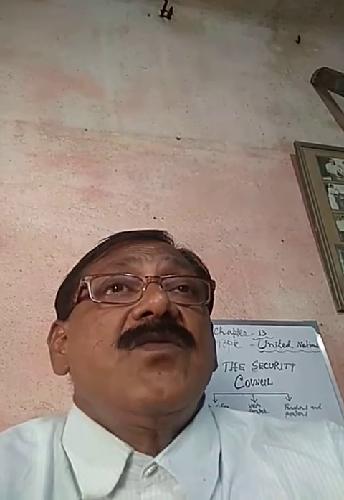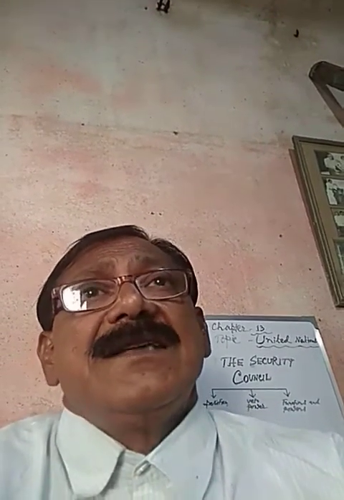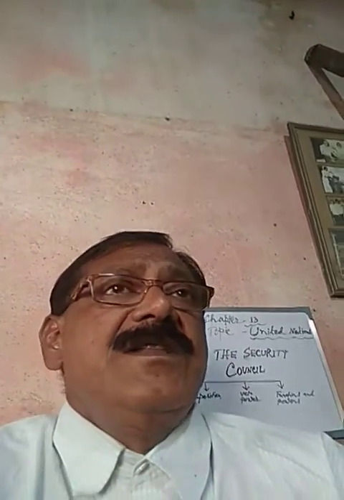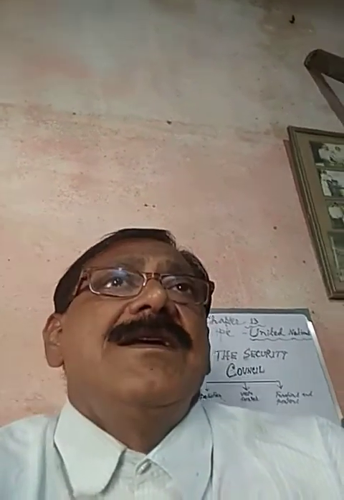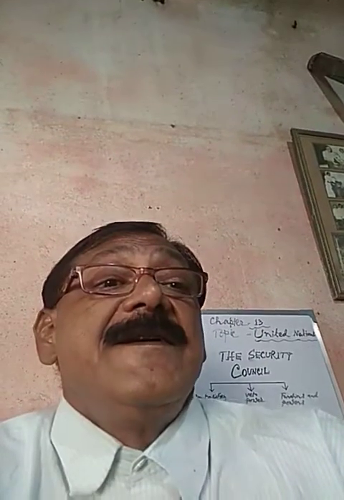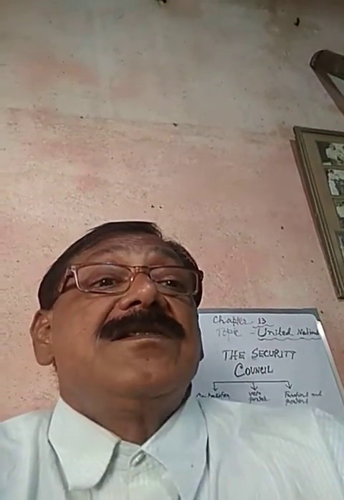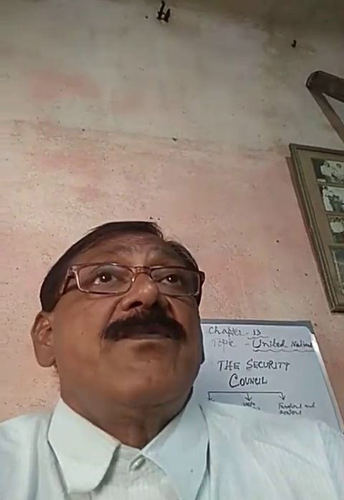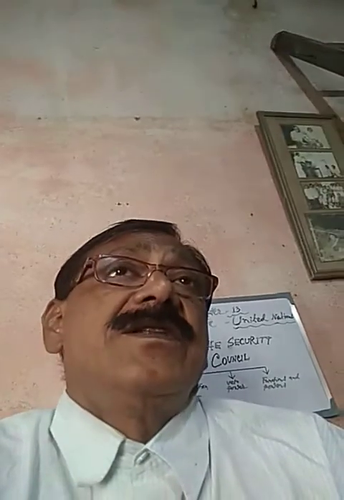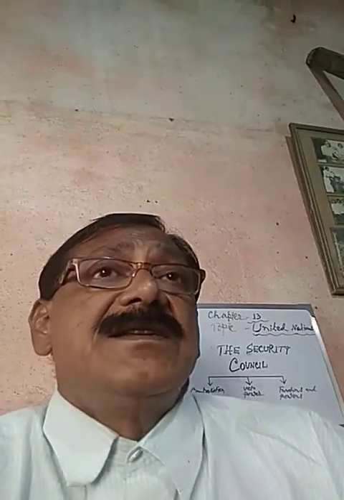So it is the most important work to appoint a person as the Secretary General in consultation with the Security Council by the General Assembly. Besides, the judges of the International Court of Justice also are appointed in consultation with the Security Council by the General Assembly.